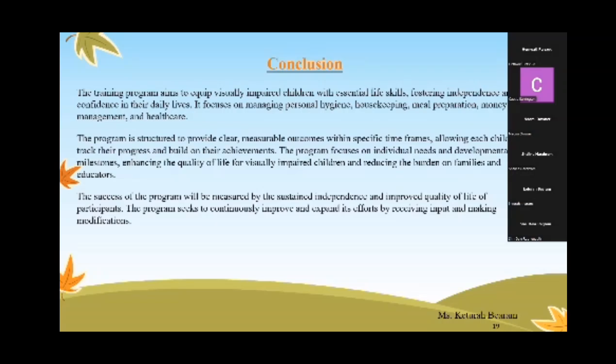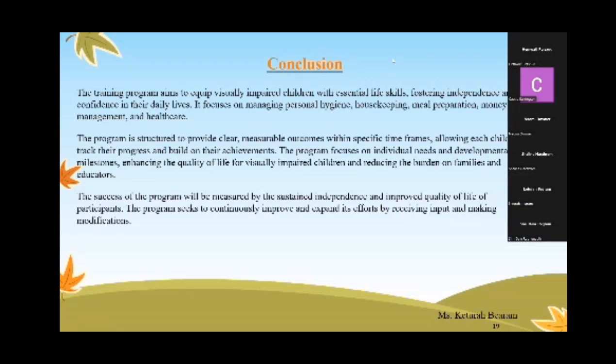The program is structured to provide clear, measurable outcomes within specific timeframes, allowing each child to track their progress and build on their achievements. The program focuses on individual needs and developmental milestones, enhancing the quality of life for visually impaired children and reducing the burden on families and educators.